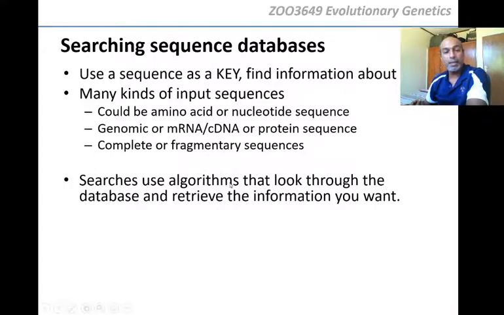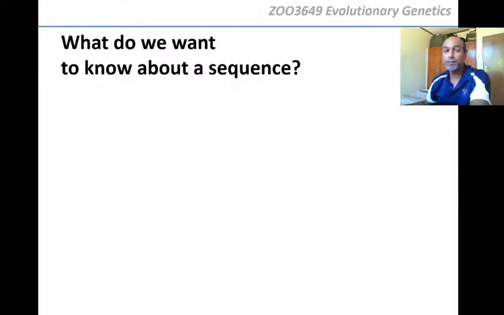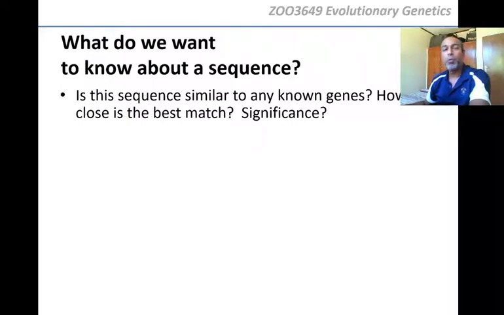What happens is that an algorithm is called. Your search uses an algorithm, which is a little app, a little program, and it uses the algorithm to search through the database to retrieve information that is similar to what you've given it. Exact matches are rare, but it doesn't have to find an exact match. It can find a similar match, which is often what you're actually after. We can want to know a lot of things about a DNA sequence or about a gene.